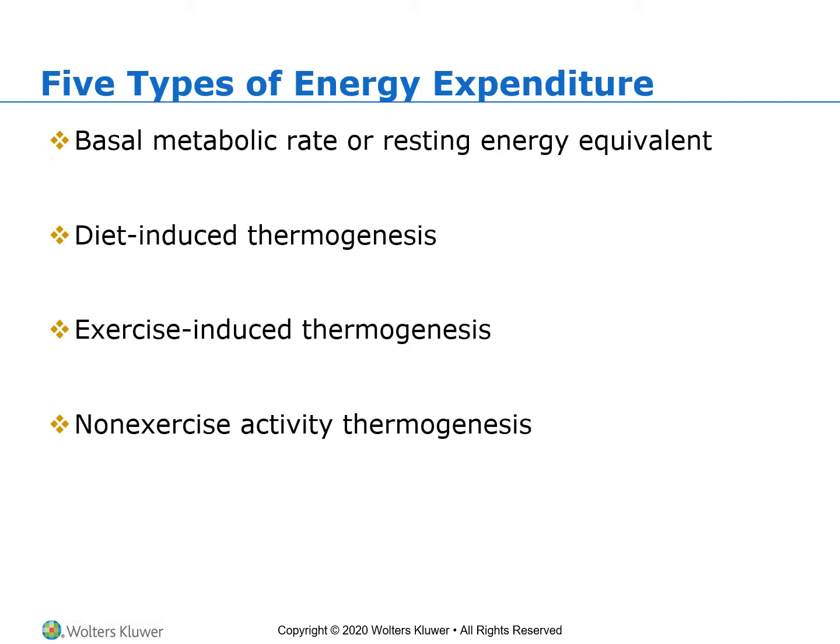We already talked about basal metabolic rate and resting energy equivalent. Diet-induced thermogenesis is that energy that is used by the body for the digestion, absorption, and assimilation of food after its ingestion.